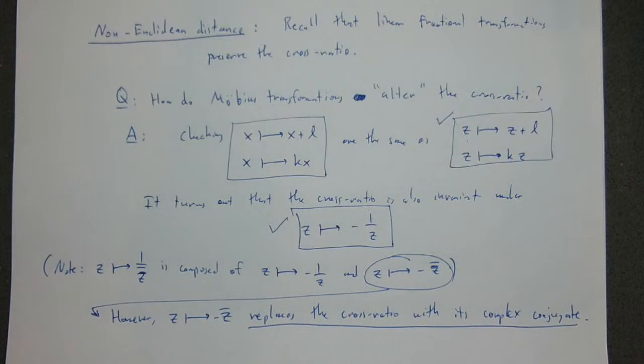Okay, and so, unfortunately, the cross ratio is not quite an invariant with respect to Möbius transformations. But it turns out this little slight hiccup doesn't actually matter.